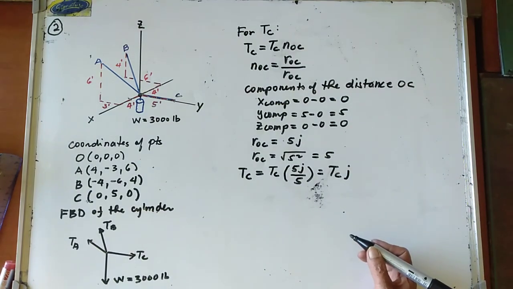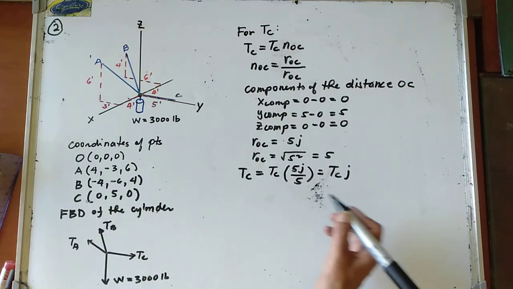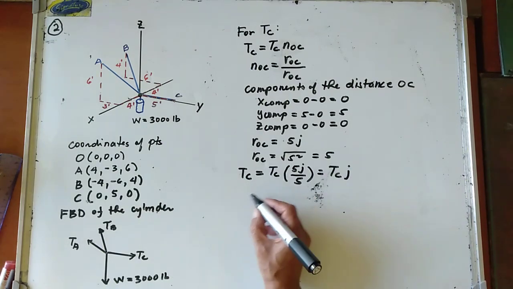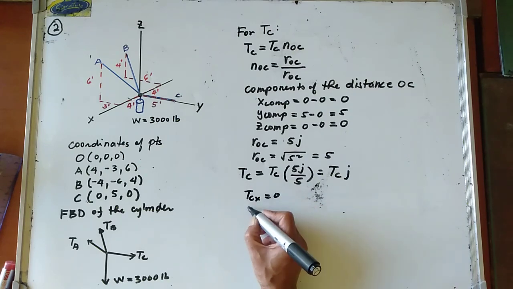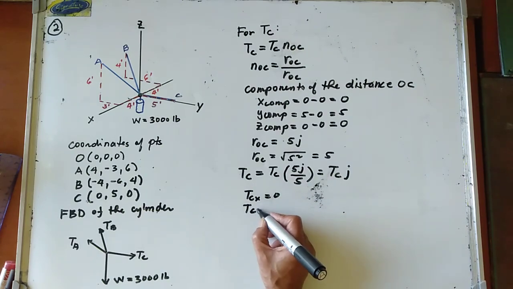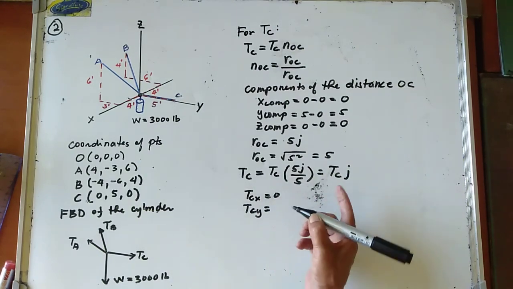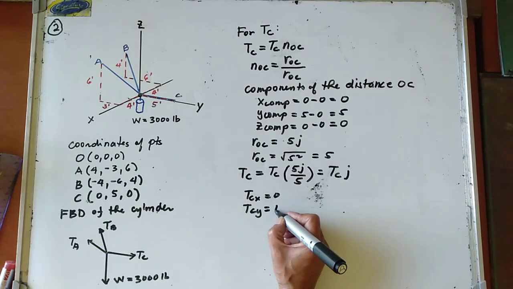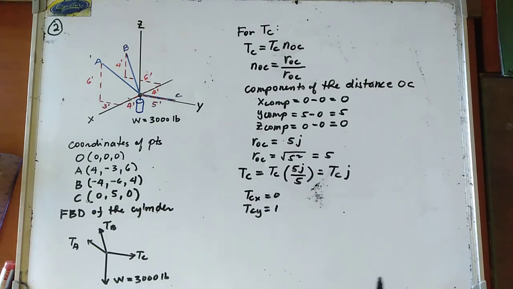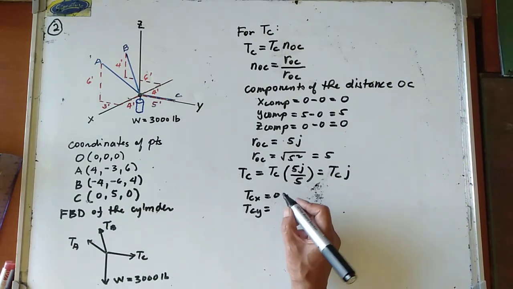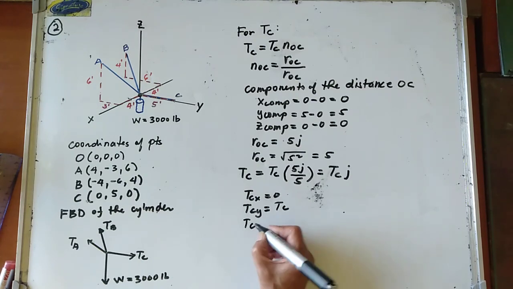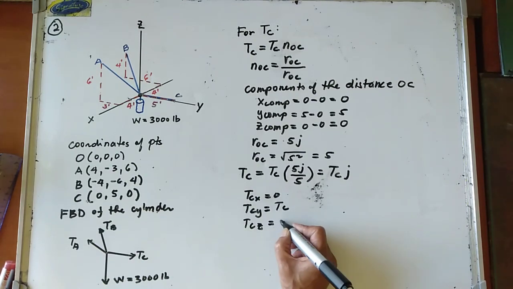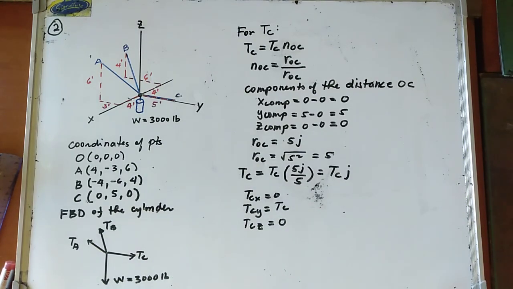So that is equal to TCj. In scalar form, your TCX is equal to 0, your TCY is equal to TC, and your TCZ is equal to 0.